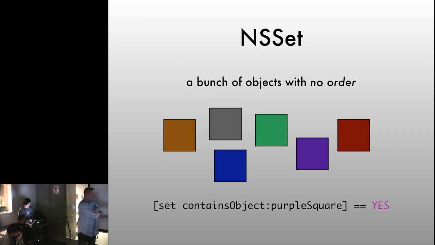But the primary message for getting an object out of a set, here again, set is our target. The message is containsObject, and then you pass in a pointer to an object, and it returns a Boolean value of whether or not that object exists in the set.